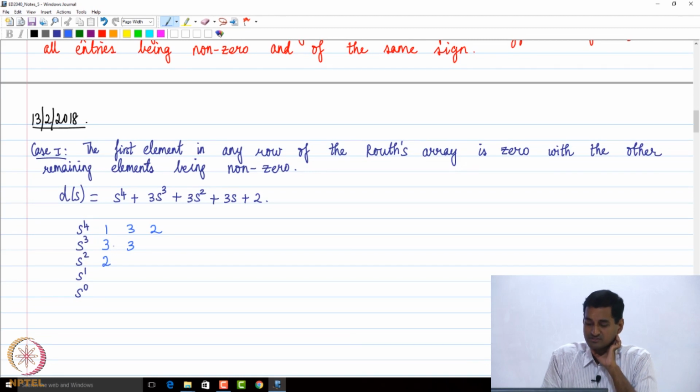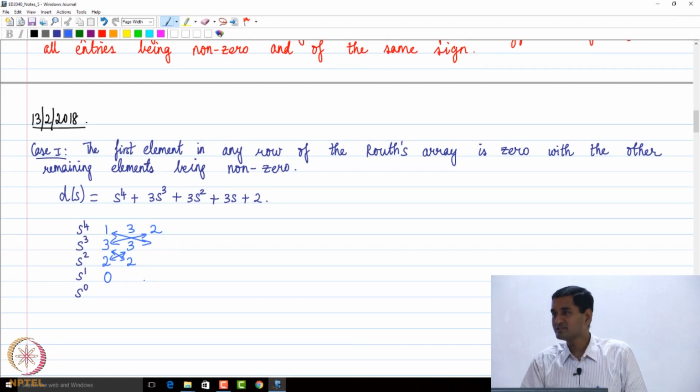Similarly this entry will be 3 times 2 minus 1 multiplied by a null entry, divided by 3, I will get 2. Then that's about it. I go to the s power 1 row. There we have 2 times 3 minus 3 times 2, that's going to be 0, so 0 by 2 I will get a 0. In the s power 1 row this is the only entry, but the first entry is a 0 entry.